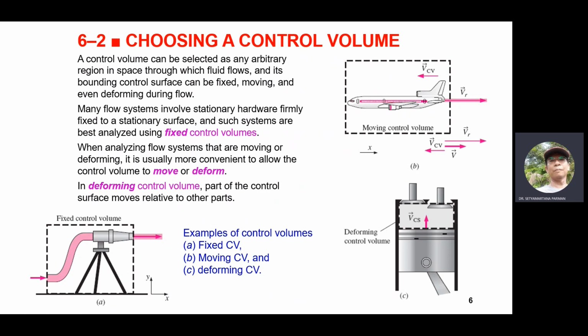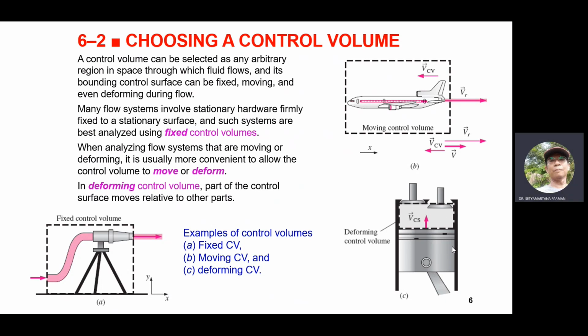Okay, in a deforming control volume, part of the control surface moves relative to other parts. So here, when we see the piston, the cylinder, the cylinder piston, we make the control volume, for example, in this shape.